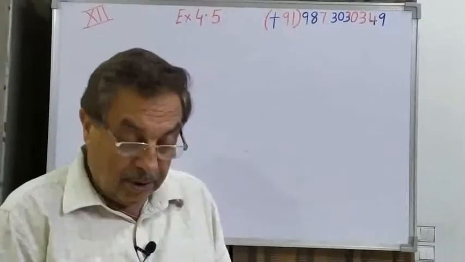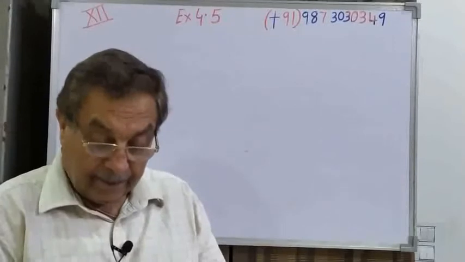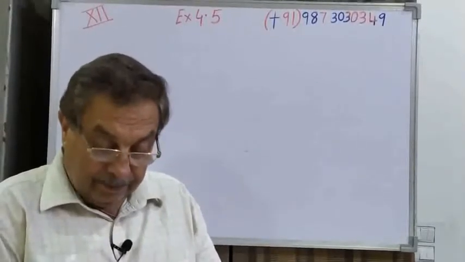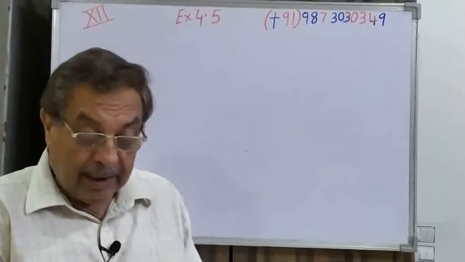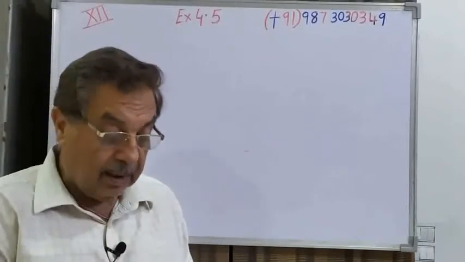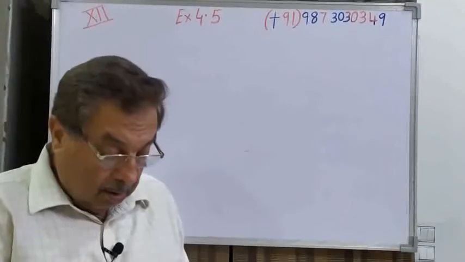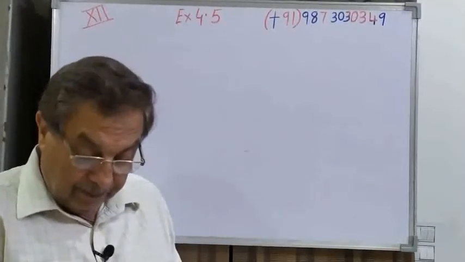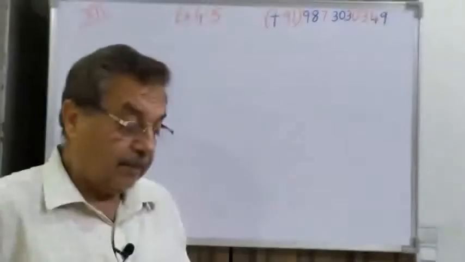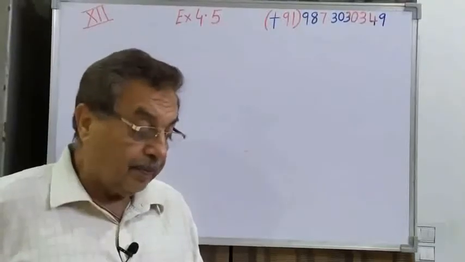So now, the adjoint of a matrix. The adjoint of a matrix is basically the matrix obtained by the transpose of all the cofactors. Let me show you.